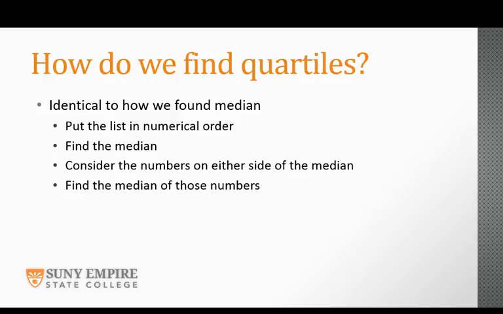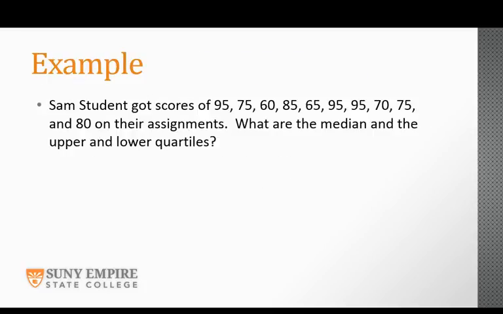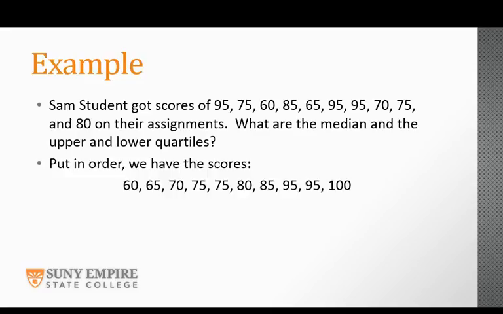Let's look at an example. As we saw in an earlier resource, Sam's student got scores of 95, 75, 60, 85, 65, 95, 95, 70, 75, and 80 on their assignments in one of their studies at Empire State. We want to find the upper and lower quartiles for Sam's scores.